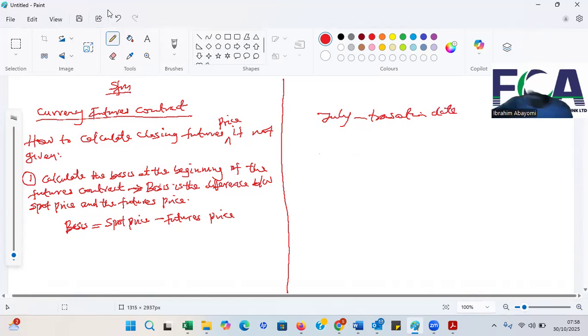Your futures contract, the contract you enter into, is the September futures contract. You enter into a September futures contract.